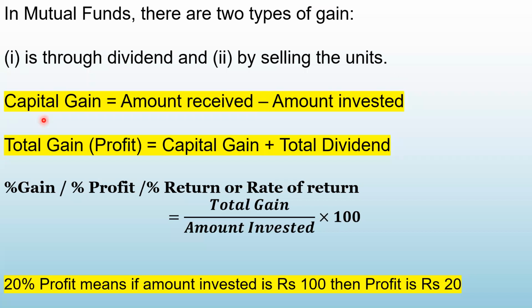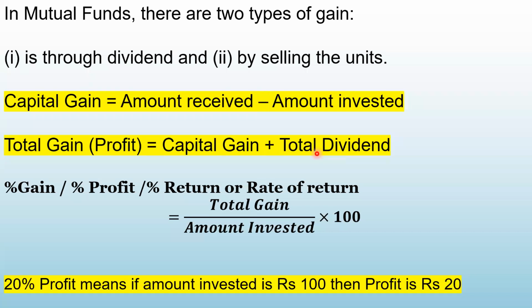Now, what is the meaning of capital gain? Capital gain is the amount received after you have redeemed your unit minus the amount invested. That is the capital gain. And what is the total gain? Total gain is this capital gain plus the dividend which you have received. See, it may happen sometimes that the units are redeemed before getting the dividend.